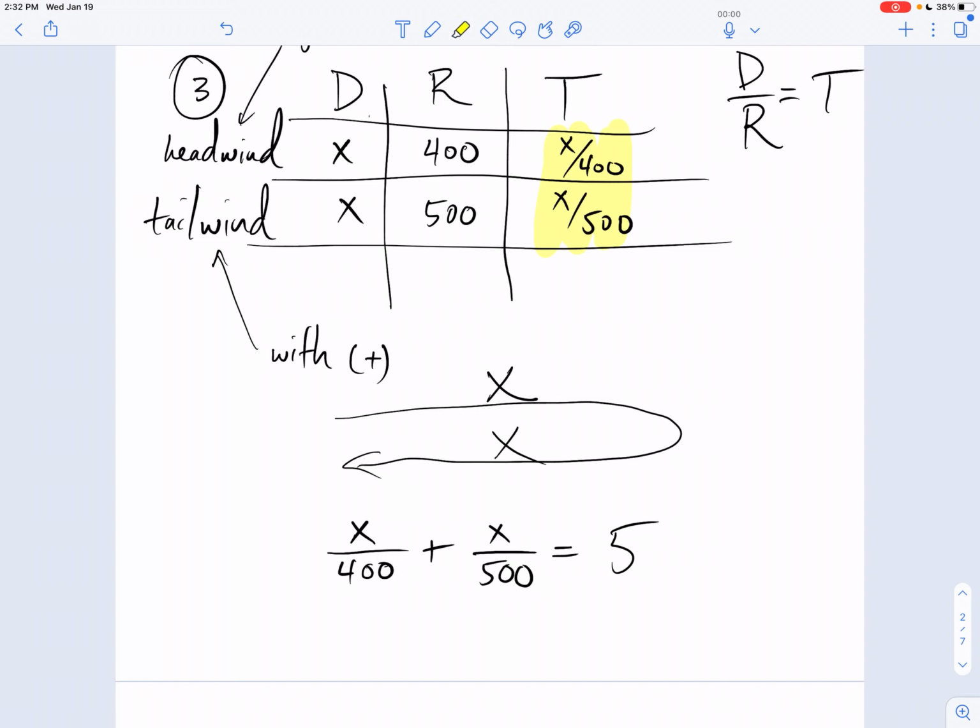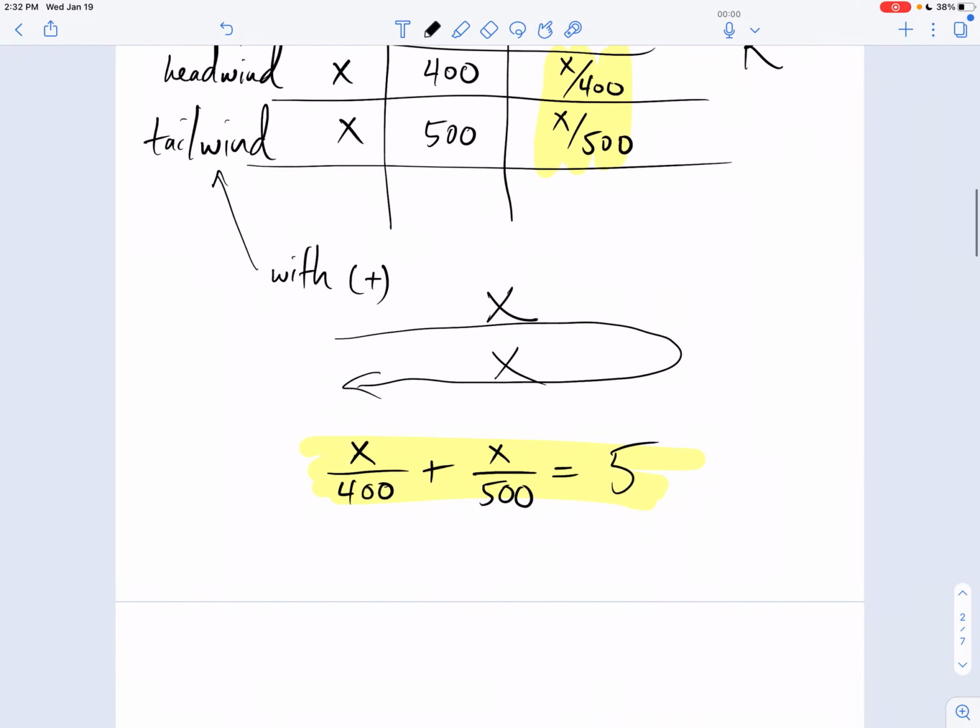Remember, everything in your equation has to do with time. I flew east and I returned, which would be the opposite, or west, but east and west equals 5 hours total trip.